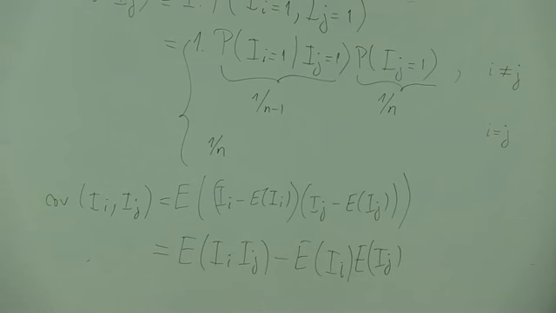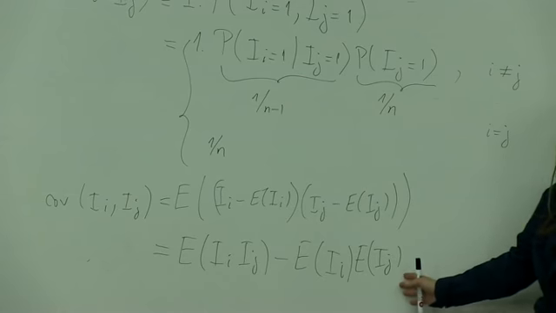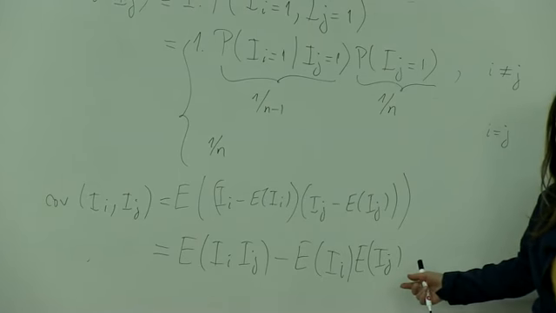That's 0, for example, when I_i and I_j are independent. In our problem, they're not. They're never independent. But they could be uncorrelated, even if they're not independent, right? It's still potentially possible that this is 0. However, in this problem, we'll find that they are correlated.